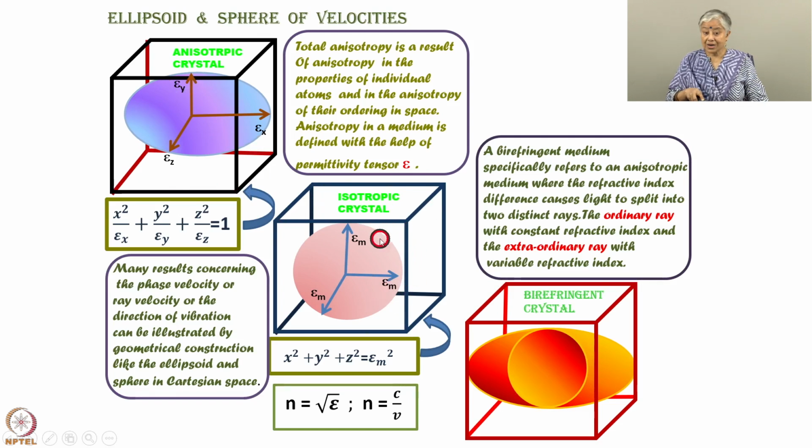Now what will happen if I have a crystal which has this property that some rays see a refractive index which is equal in all directions, and some rays in the same crystal see a refractive index which is different in different directions?